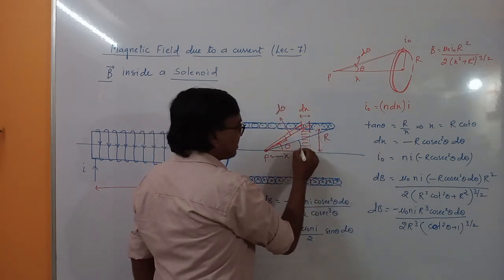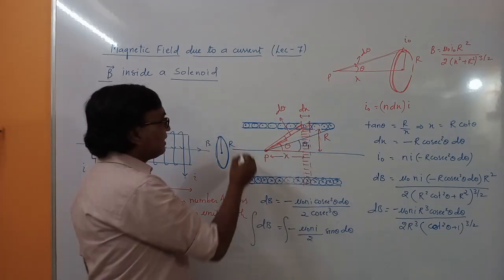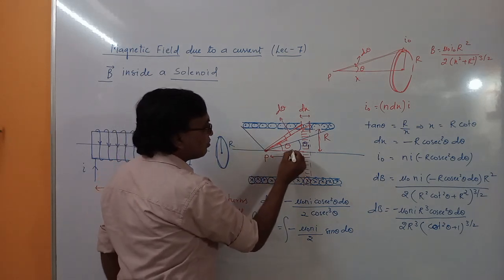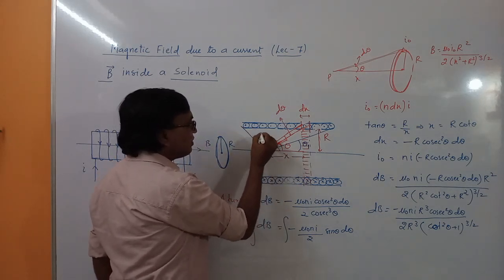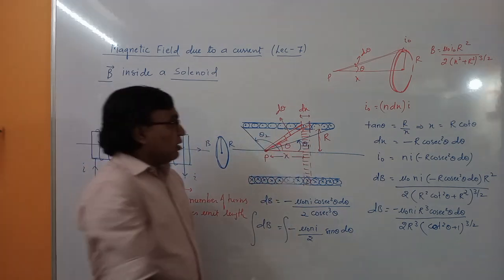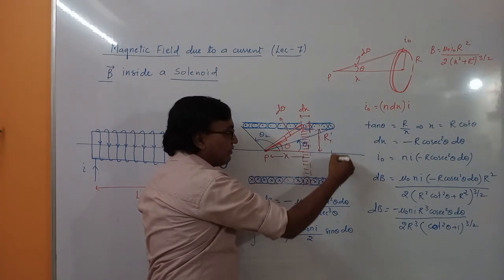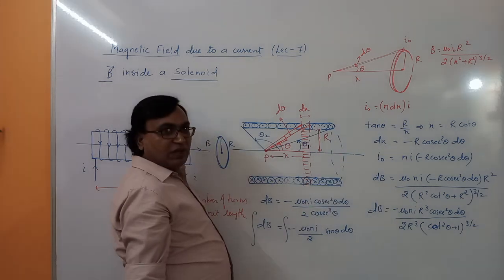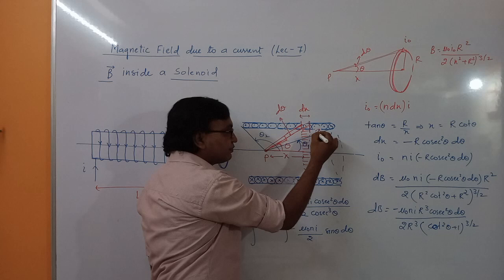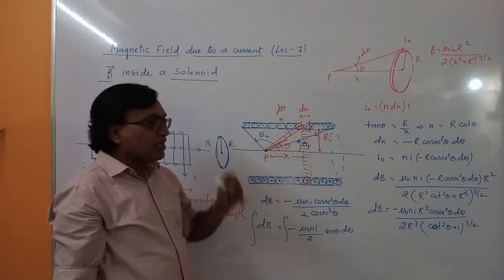Let us call this limit theta 1, and the other limit here theta 2. Actually we have a ring here, and from this ring to point P, the position vector is along this direction.